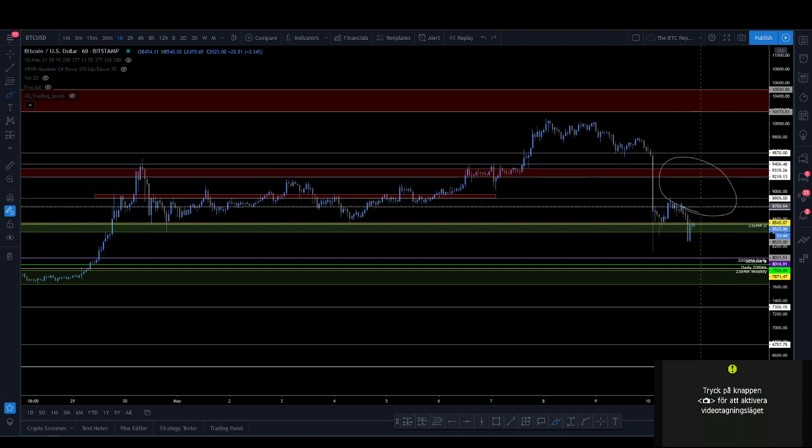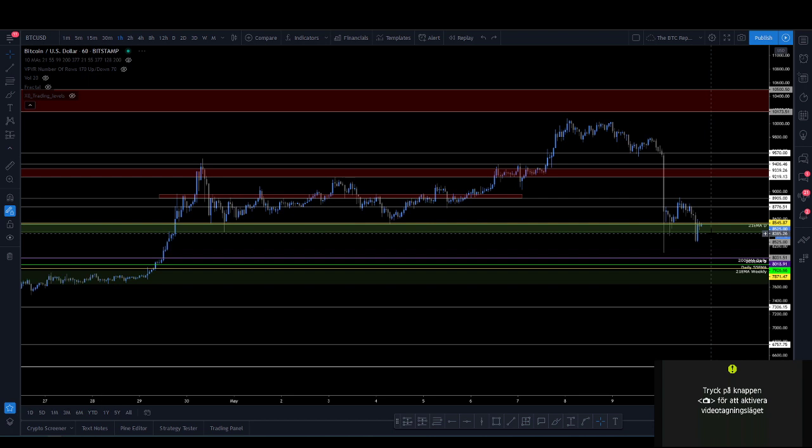I'm not sure what you mean. But looking at the 1 hour here, I would not short this area, because shorting here would be shorting slightly above support or above resistance. I would not be shorting up there. 9.2 is definitely a better area to short.